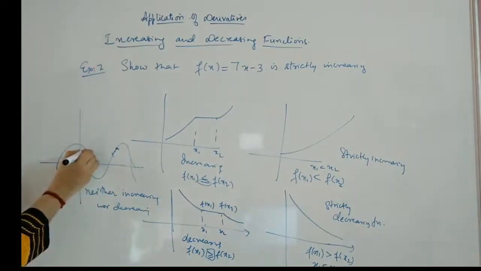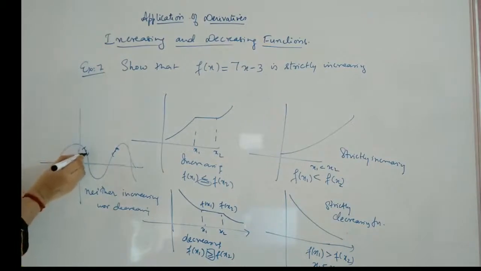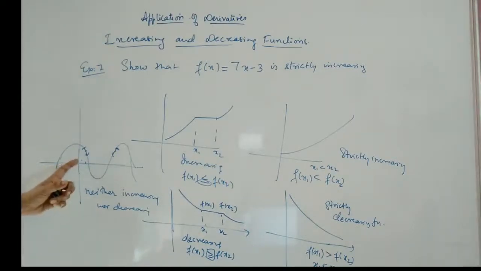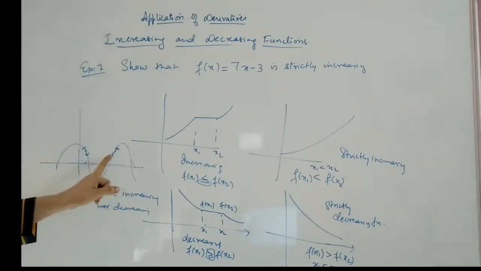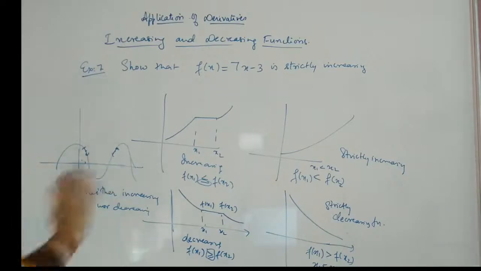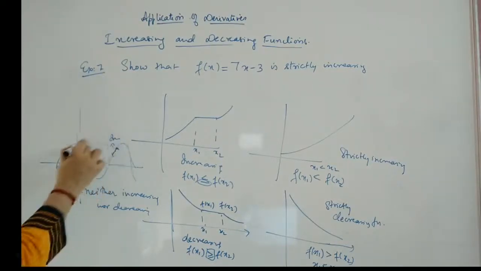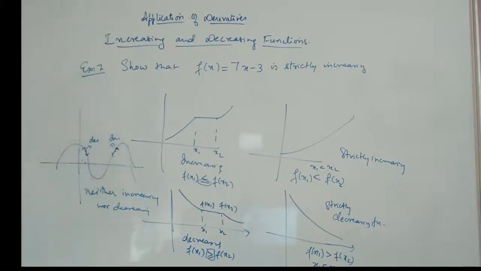At this point, if I check, it is going downwards: for x1 less than x2, your function value gives you the opposite thing. That means it is decreasing. At this point, the function has the same relation as x1 and x2. That means x1 less than x2 means f of x1 is also less than f of x2. So here it is increasing, here it is decreasing. So somewhere it is increasing, somewhere it is decreasing. So you will say that it is neither increasing nor decreasing.